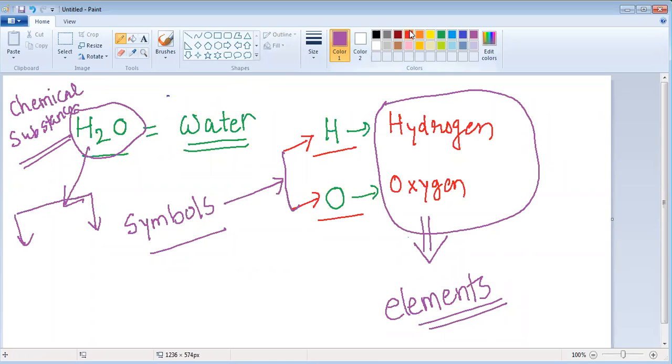What are these two elements present in H2O, my dear students? Hydrogen and oxygen. One is hydrogen, another is oxygen. These two elements in H2O are present in a fixed proportion.